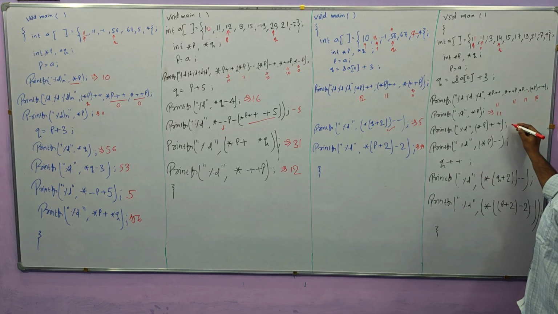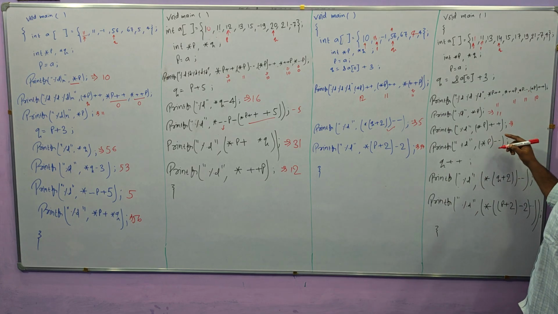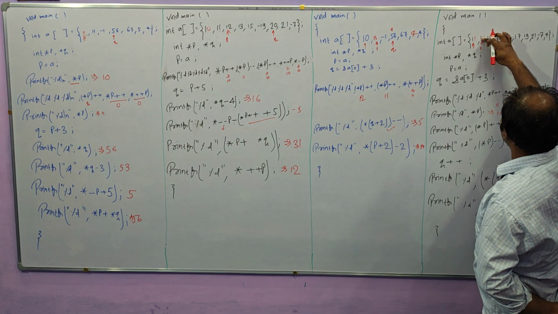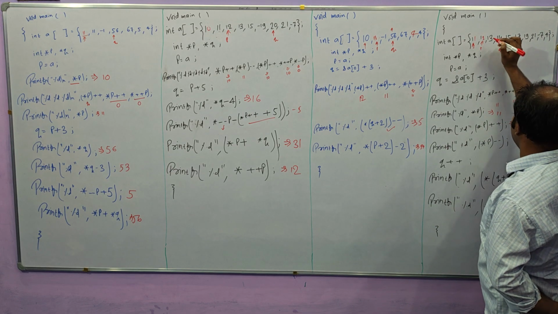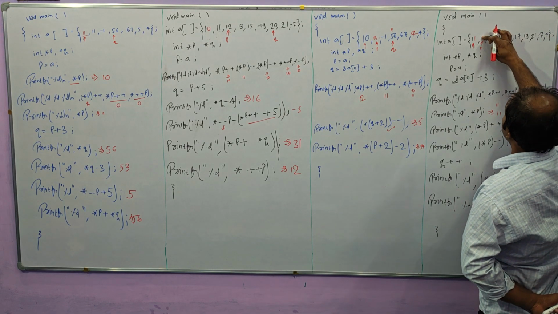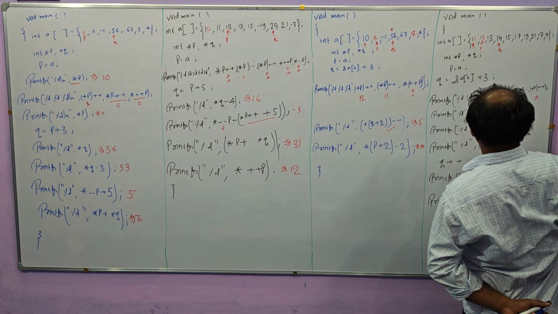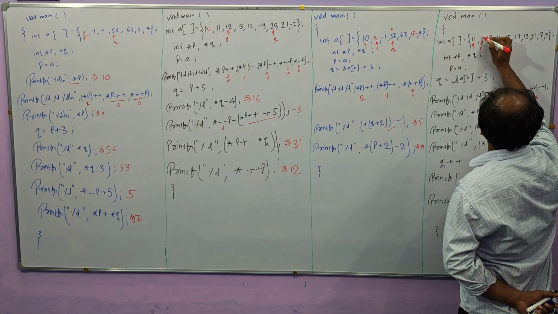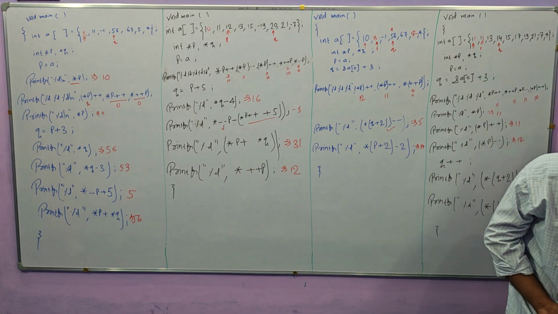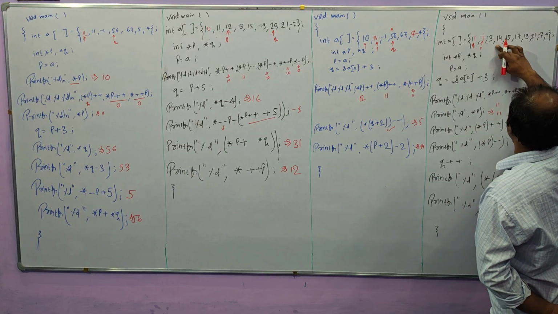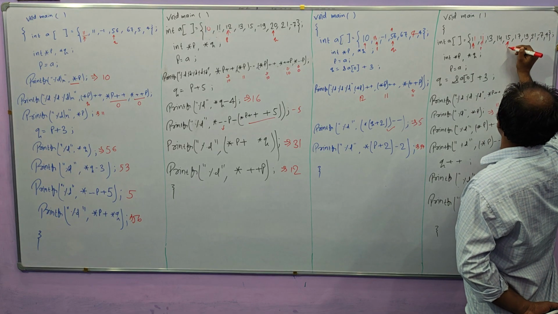Now its value is 11, and now incremented by 1, its value becomes 12. Now this value 12 is decremented by 1, that becomes 11. q plus plus, now q points to 15.